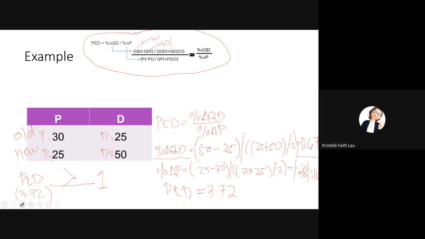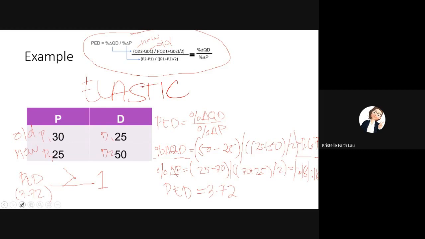So that is the different interpretation for the PED. So diri sa to ang case kay greater than 1 man siya. So it means ang ato ang PED kay under siya sa elastic. So this example is elastic. Kay greater than 1 man siya.